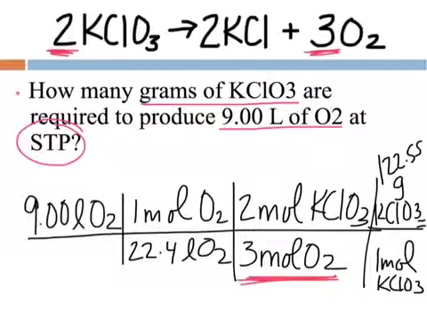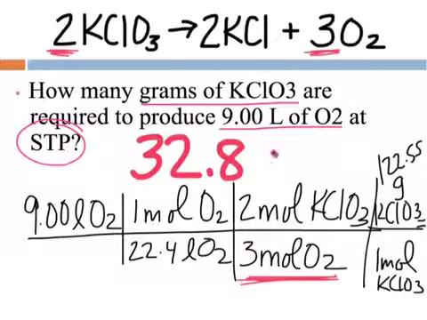Add that up or multiply. 9 times 1 times 2 divided by 22.4 divided by 3 times this divided by this. And you're going to get a final answer of 32.8 grams. I'm sorry that that doesn't fit on there.